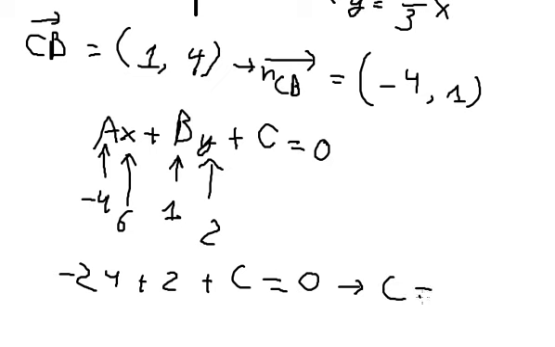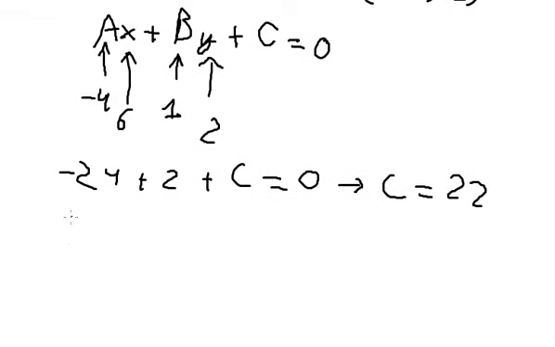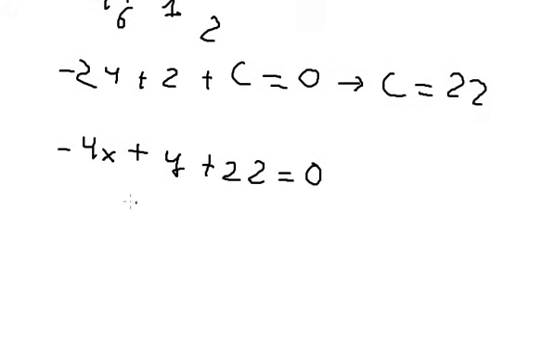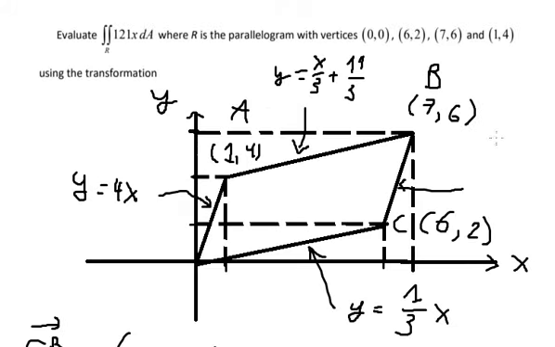And now C equals 22. So we have negative 4x plus y plus 22 equal to 0. So we put negative 4x and 22 to the right. So we have y equal to 4x minus 22 in here.